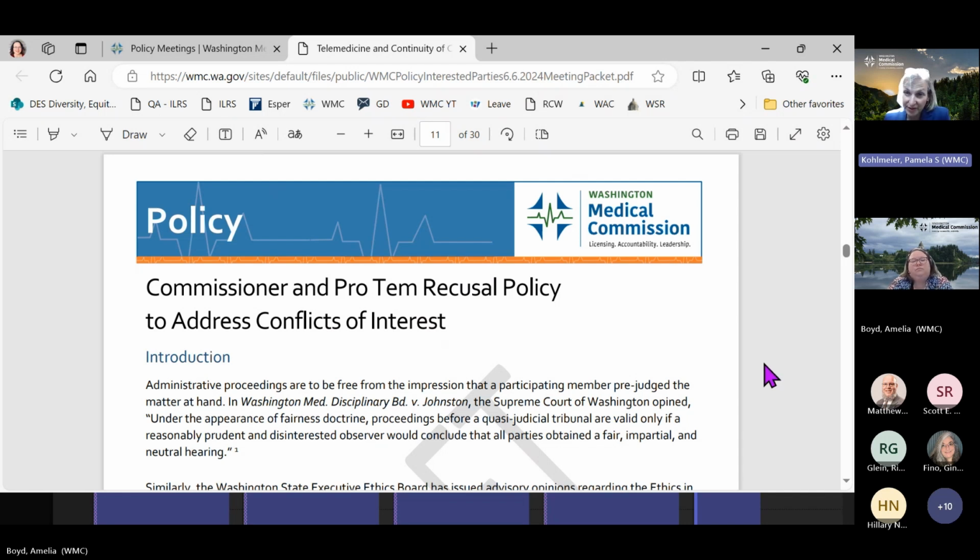Okay, so really looking for some input on these next two items. They're both policies. Policies carry a significant amount of weight, not as much strength as rules, but there's a big process that involves the secretary's office too to approve these.